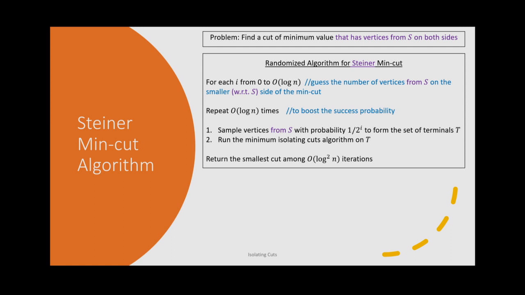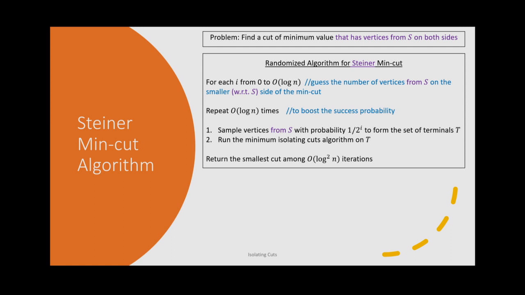So all we are doing now is we are given this set S, and instead of guessing the number of vertices on the smaller side of my min-cut, I am guessing the number of vertices from S on the smaller side of the Steiner min-cut. Okay, so I again run this iteration from 0 to log n. This is trying to guess this number. For a given value of i, I will repeat log n times. This is boosting the probability as earlier.